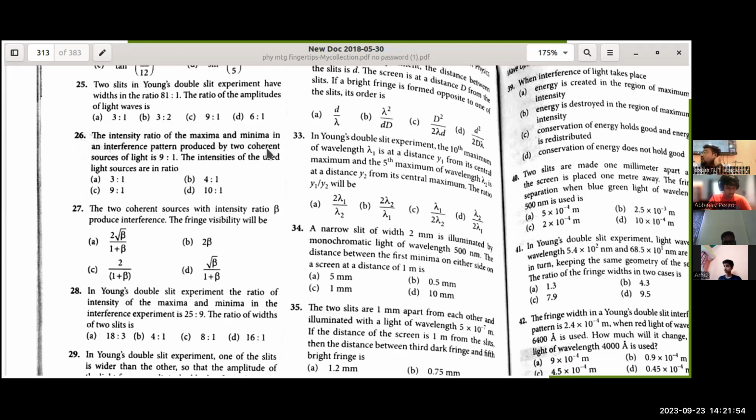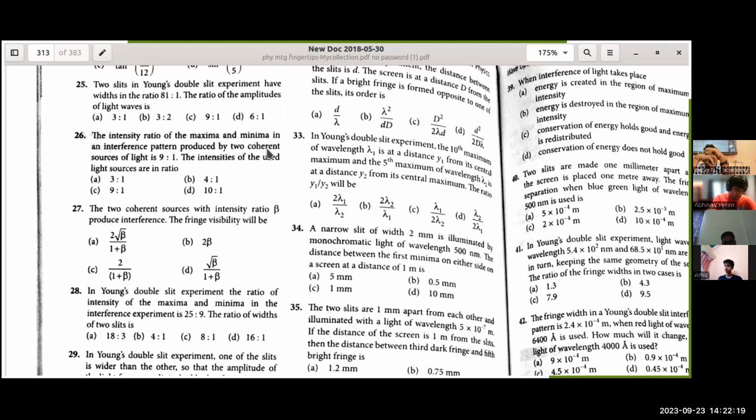So here we get root of I1 plus root of I2 the whole square divided by root of I1 minus root of I2 the whole square equal to 9/1, and you divide by root I2 on both numerator and denominator. So you will get, in the first one on top, root of I1 by root of I2 plus 1 the whole square, and in the denominator root of I1 by root of I2 minus 1 the whole square.